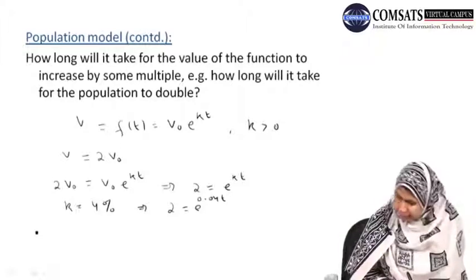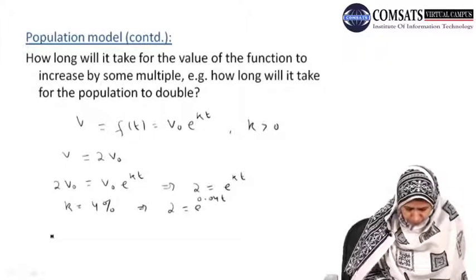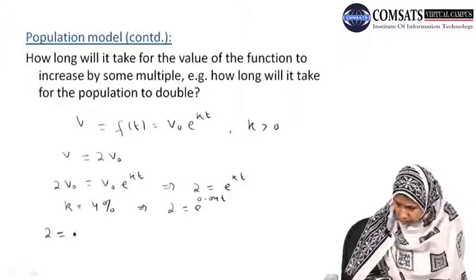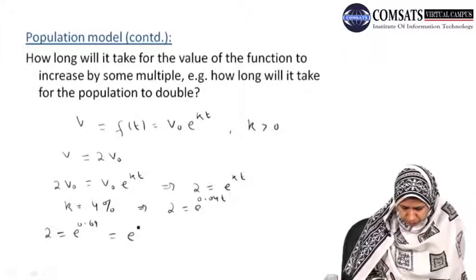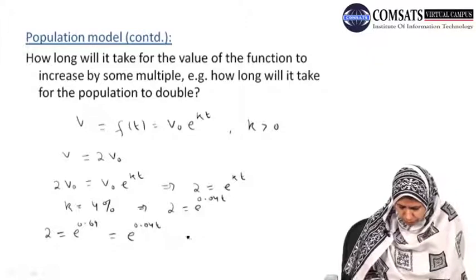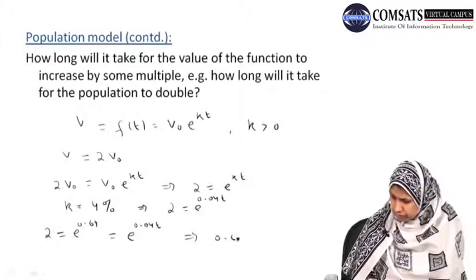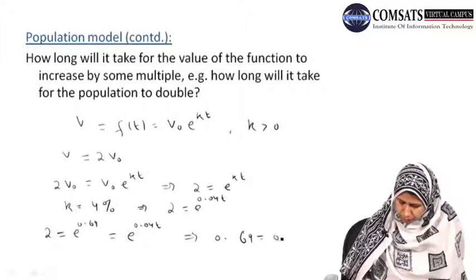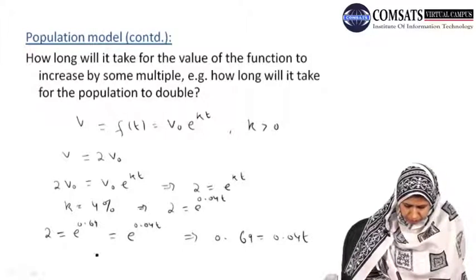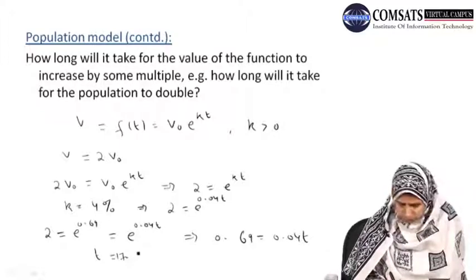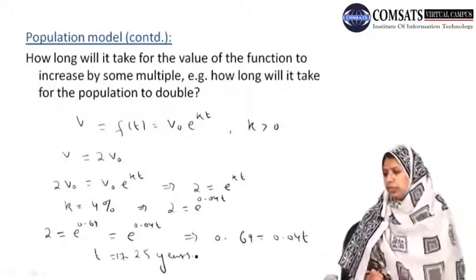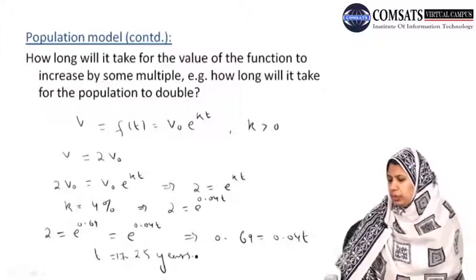Now from the calculator and table we know that 2 is equal to e to the power 0.69, which is e to the power 0.04t. This gives us 0.69 equals 0.04 into t, and by solving this we can find the value of t, which is approximately equal to 17.25 years for the population of a community to double.